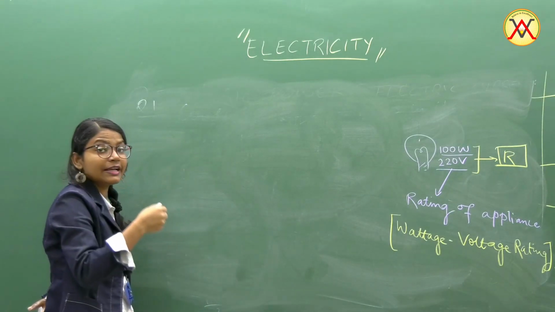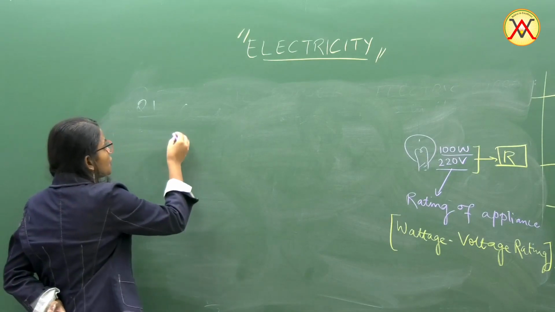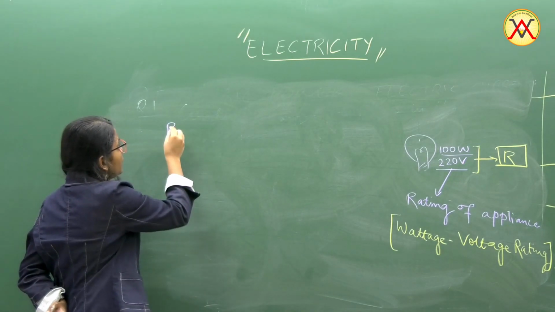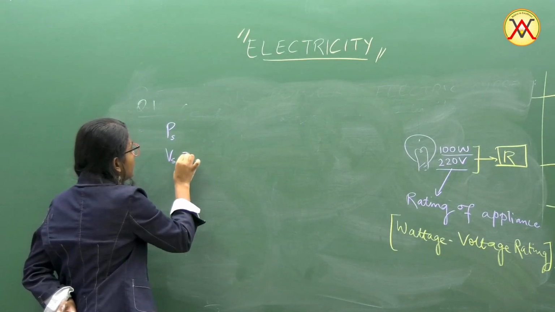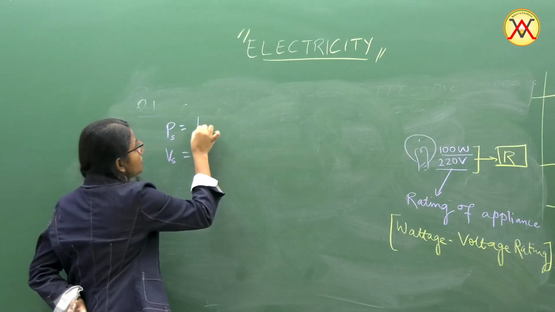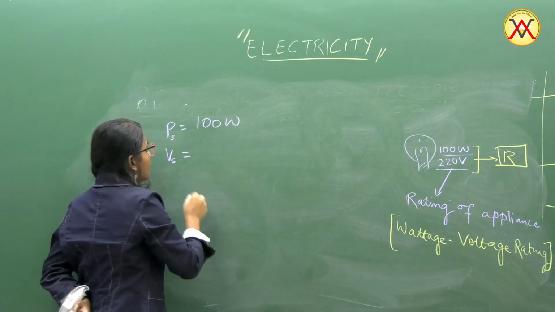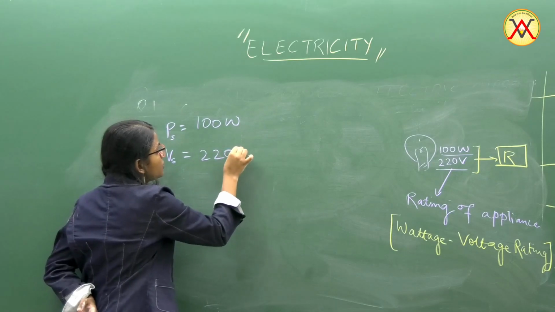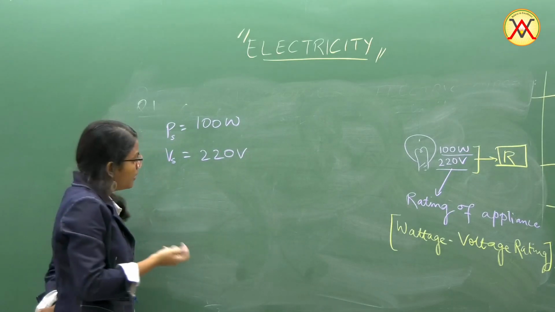Since these are our specified ratings, we shall denote them as Ps and Vs. Ps is 100 watts. Vs is 220 volts.